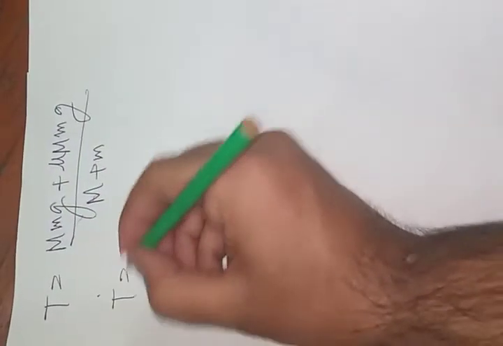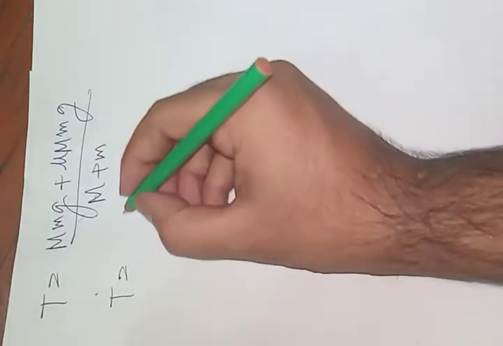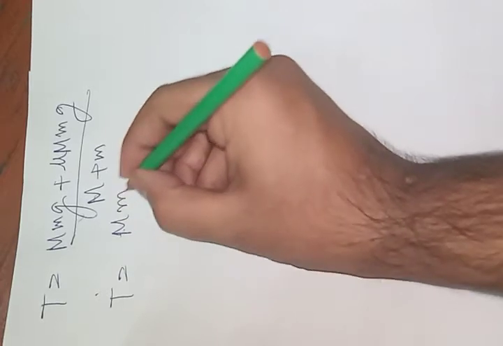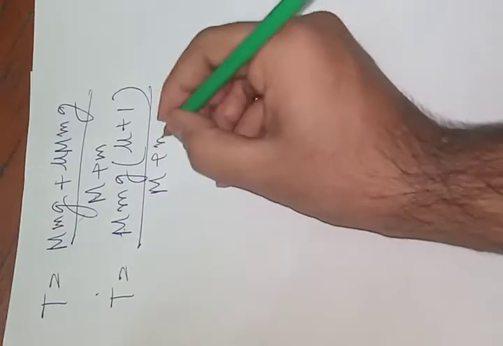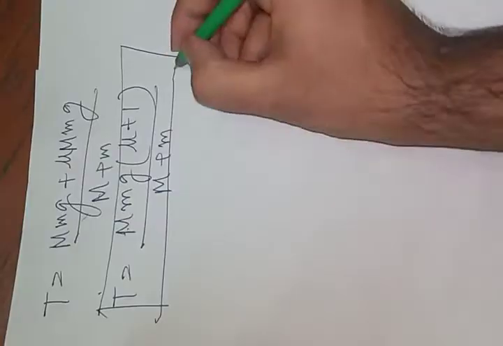So guys, if we take the Mmg part common, the tension force is Mmg (mu plus 1) divided by (M plus m). This is the tension force, guys. Hope you understand how to handle this type of question.